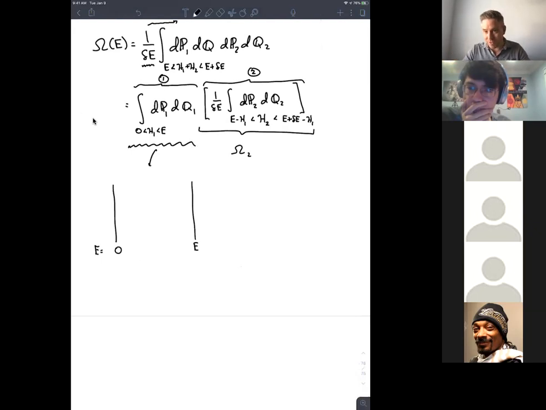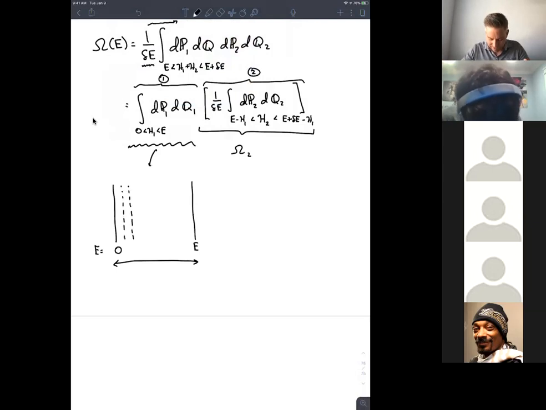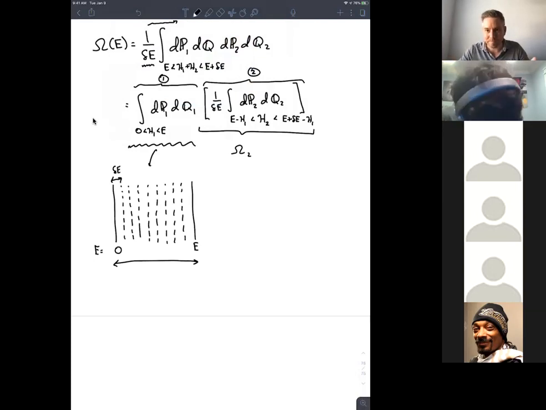Now I'm going to express this in a slightly different way. This integral is over this entire possible space of energies, and I'm going to split it up, cutting it into a bunch of little chunks, where each chunk has width equal to the delta E that we picked.